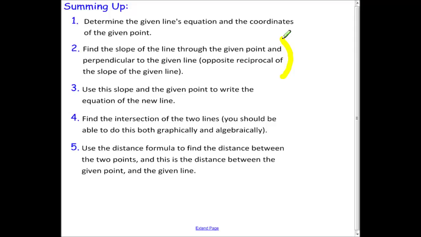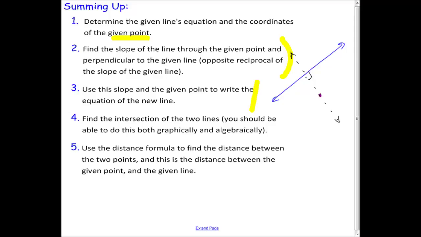Once we've got that slope and we have the given point, we can use that to write the equation of this line that passes through the given point and is perpendicular to the given line. Quick recap. This allows us to find the equation of this line that's perpendicular to our given line.